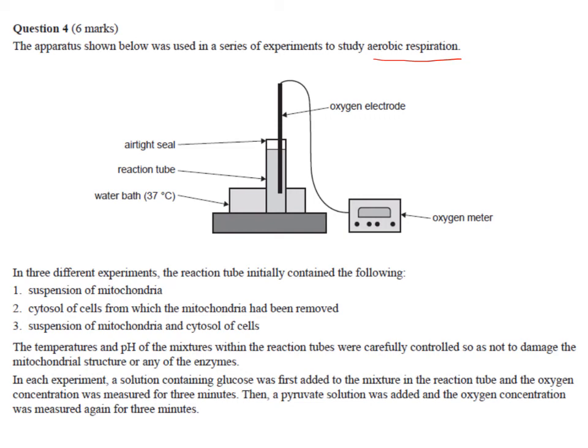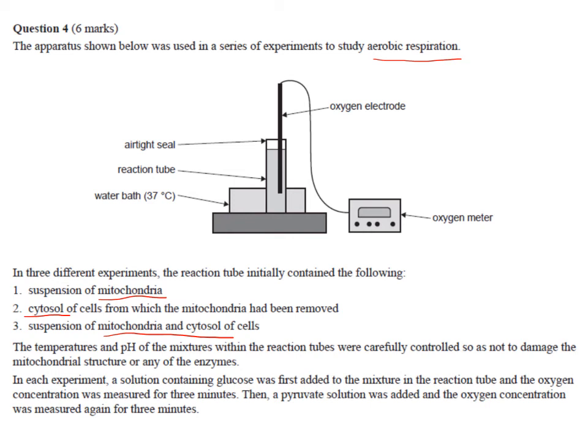One of them contained just mitochondria. One contained just cytosol with no mitochondria. And one contained mitochondria and cytosol of cells. You'll see why this is really important.